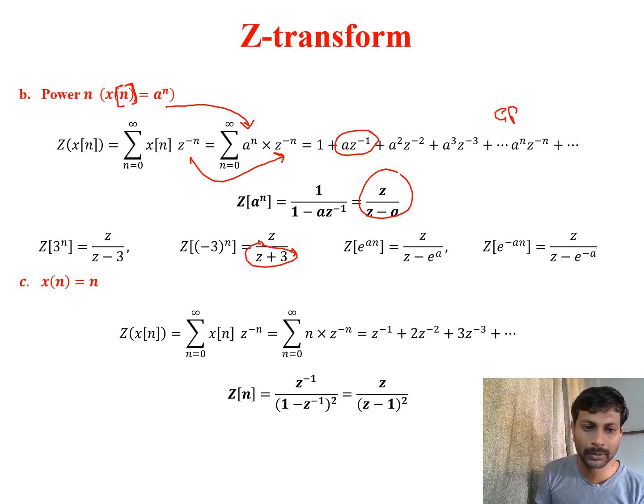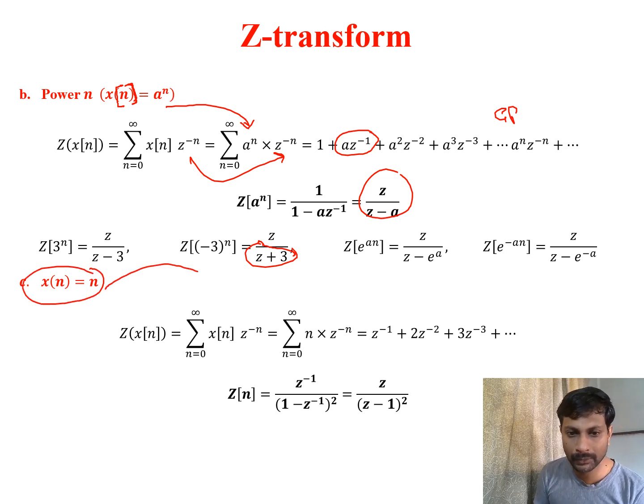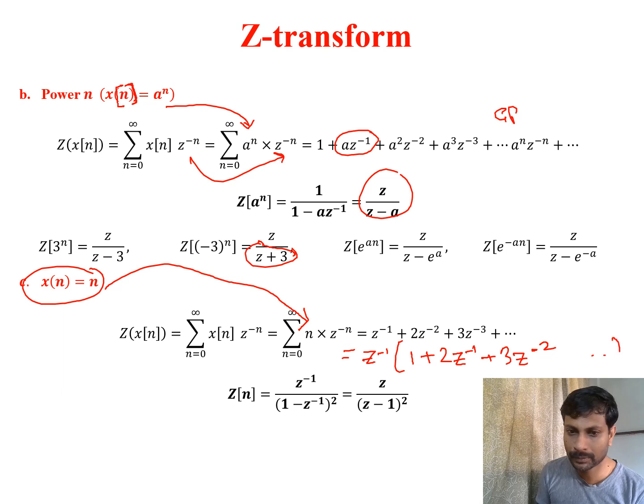If x[n] equals n, then we place n over here. So 1 plus 2 z to the power minus 1 plus 3 z to the power minus 2, and so on.